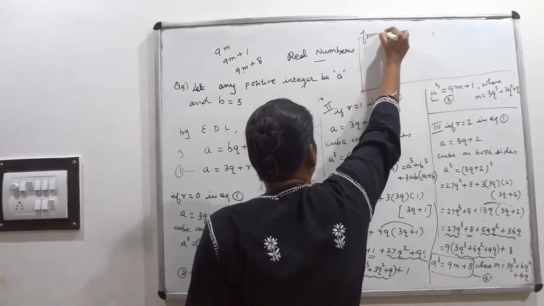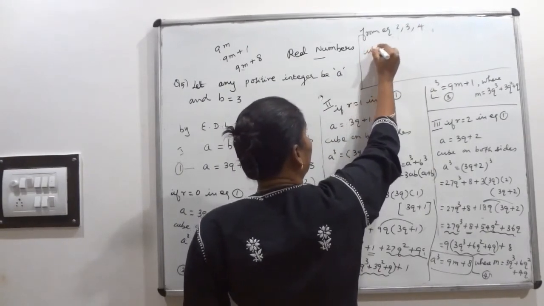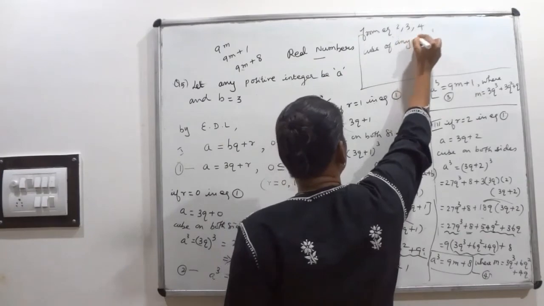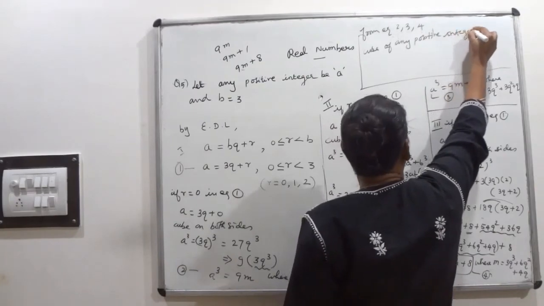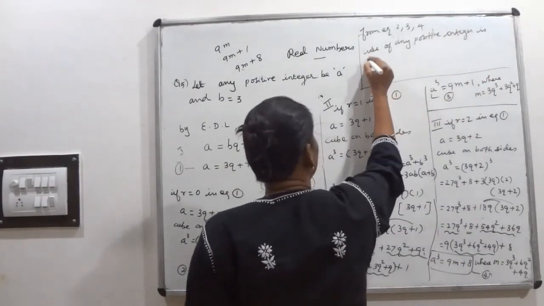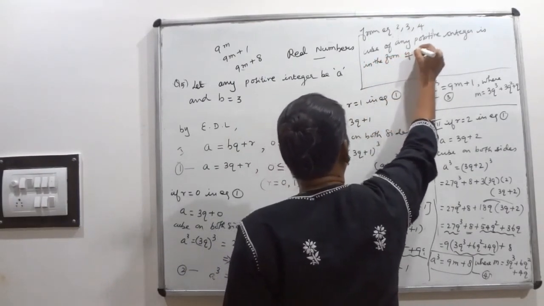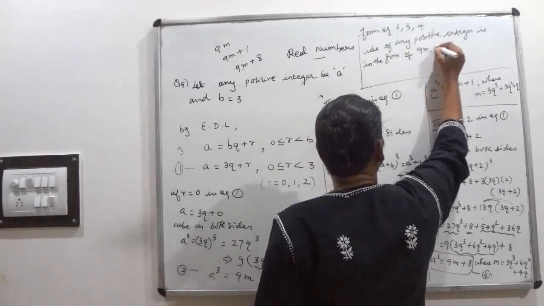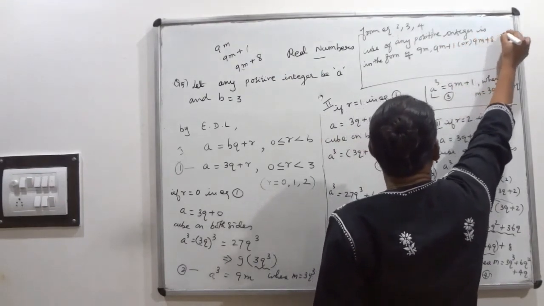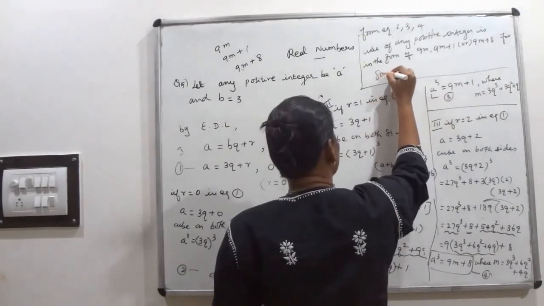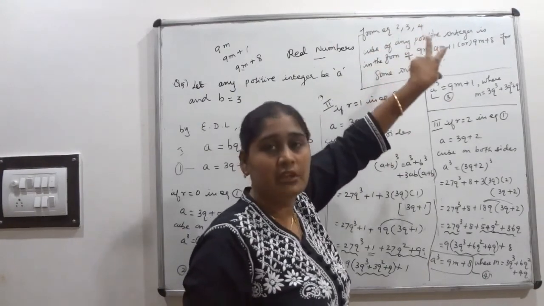From equations number 2, 3 and 4, we can tell that the cube of any positive integer is in the form of 9m or 9m plus 1 or 9m plus 8 for some integer m. This statement I have to write as it is given in the question.